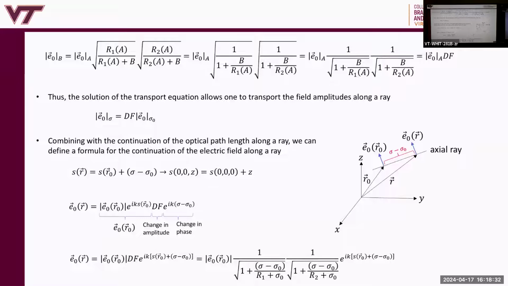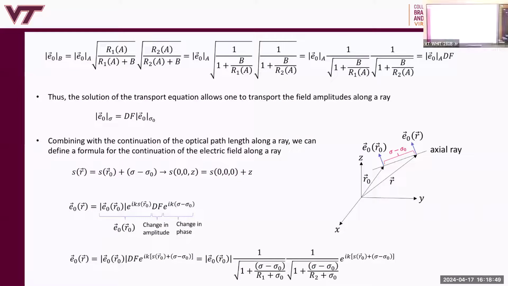And restricting our attention to the zeroth order term, m equal to 0, we derived expressions for the continuation of the phase and the continuation of the amplitude. So at the end, after all those derivations, solving those differential equations, all we need in the end is this formula, okay?